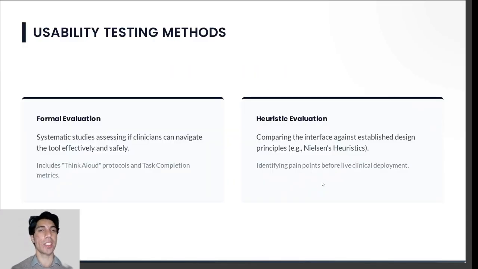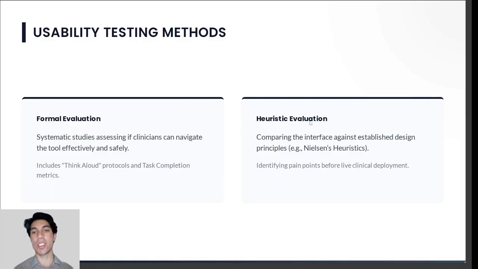First, we have the usability testing methods. There are two types of usability testing methods for our applications, our systems. The first one is the formal evaluation, which is systematic studies assessing if clinicians can navigate the tool effectively and safely. It can include think-aloud protocols and task completion metrics.